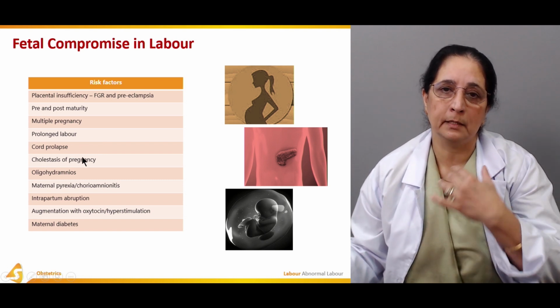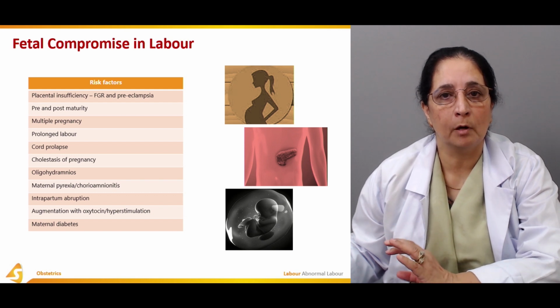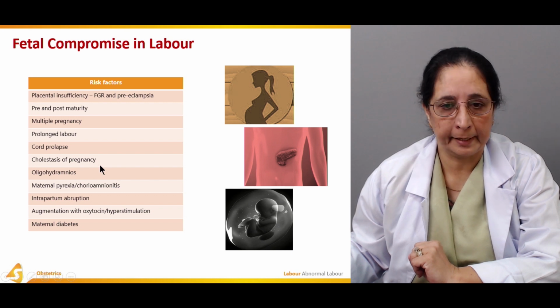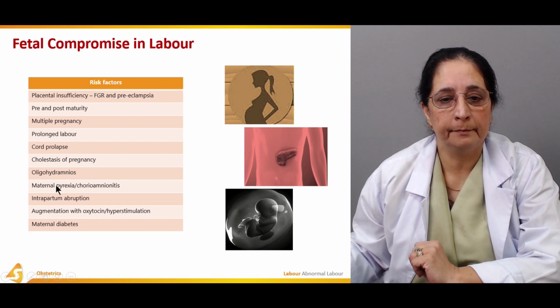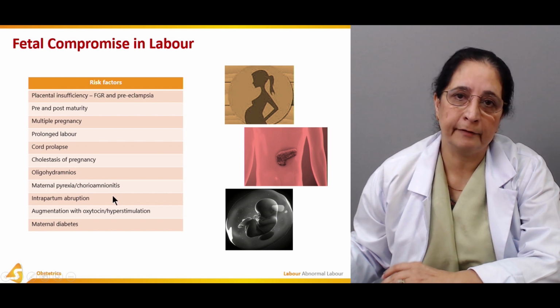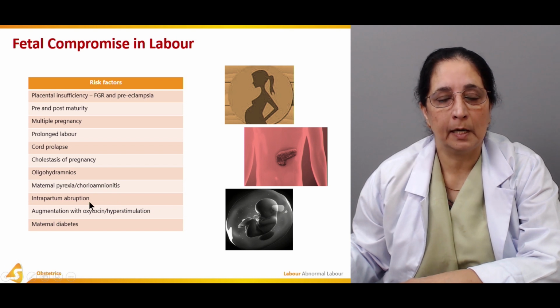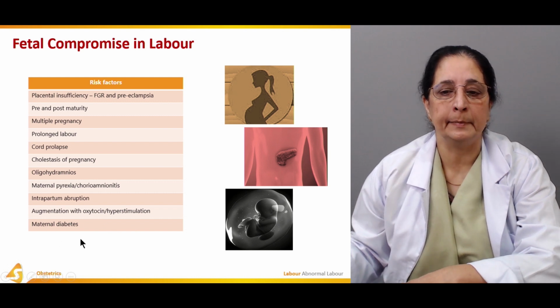Cord prolapse is a very common cause of fetal compromise in labor. Also cholestasis of pregnancy, oligohydramnios, maternal pyrexia or any infection like chorioamnionitis, intrapartum abruption, augmentation with oxytocin, hyperstimulation, and maternal diabetes.